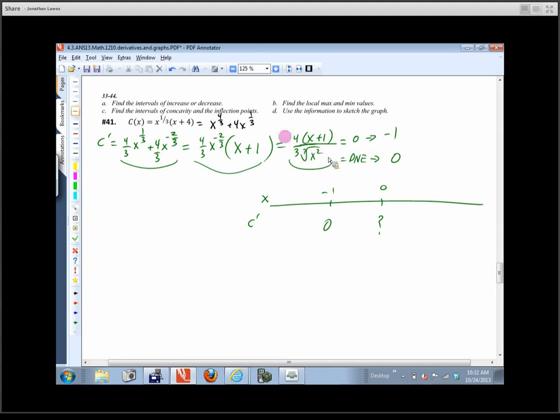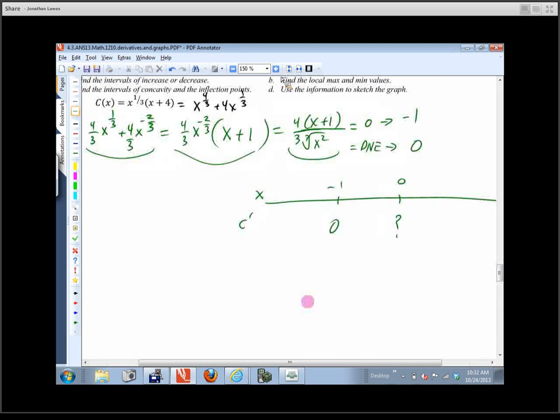Take a good look at this format right here. That's a positive 4. That's a positive 3. What can you tell me about this right here? Always positive, because whatever you plug in, it's going to get squared, so it's going to be positive.